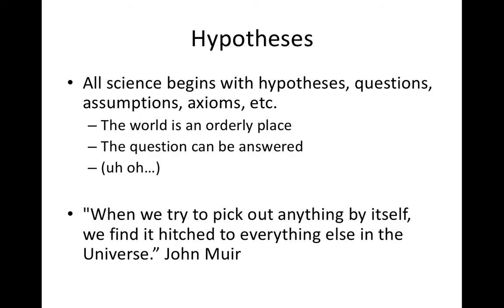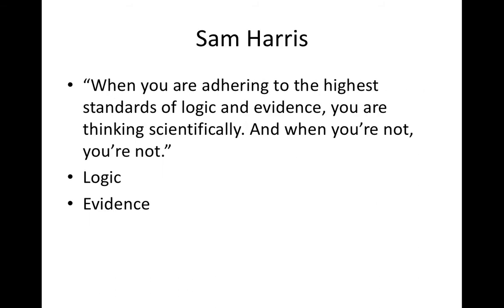So I think we have to recognize, though, that what John Muir said was, when we try to pick out anything by itself, we find it hitched to everything else in the universe. Even scientists are dealing with problems of trying to isolate variables, but they're not disconnected; they're connected to the rest of the world.